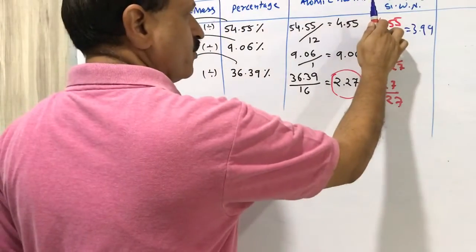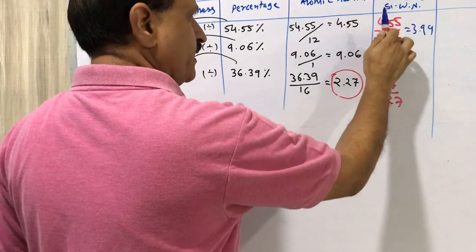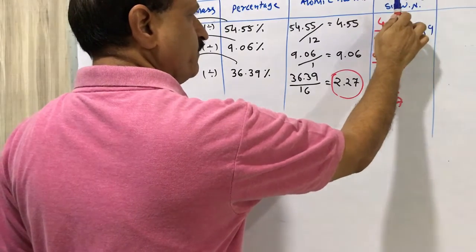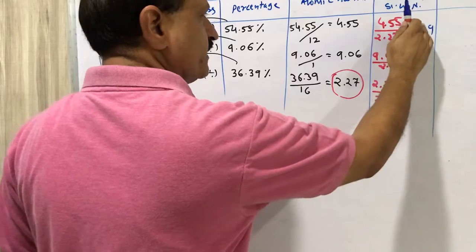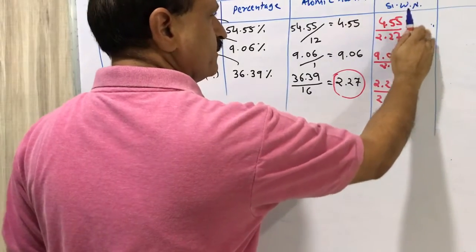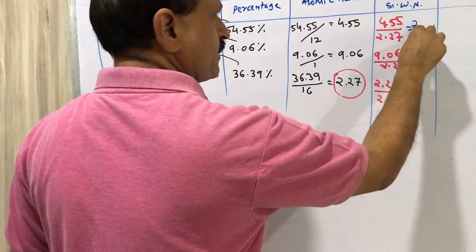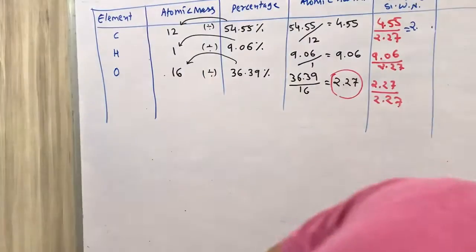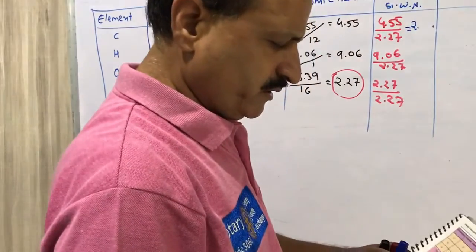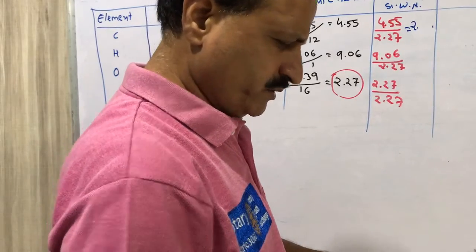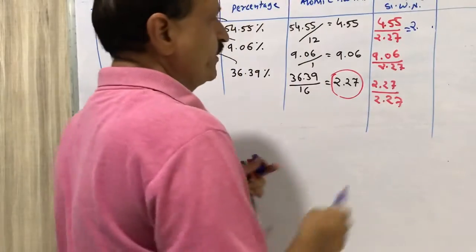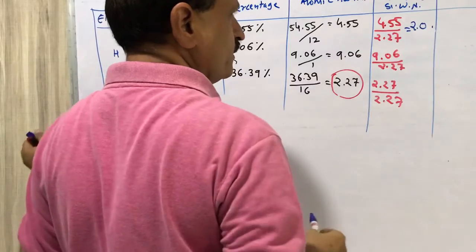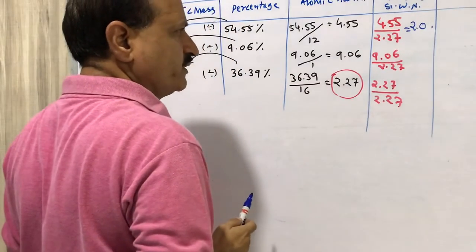Okay, 4 by 2 means 2, and 4.54 by 2.27 means it is 2 point something. Let's see what is the division. It is 2.0.